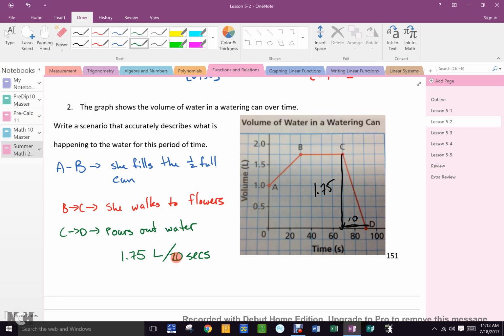We always do it in 1, yes? So I don't want 20 seconds. What do I want? 1. So I have this fraction, 1.75 liters in 20 seconds. What do I really want? In 1 second. So what do I have to do? Divide. And what's the answer? 0.0875 liters per second. Everybody good?